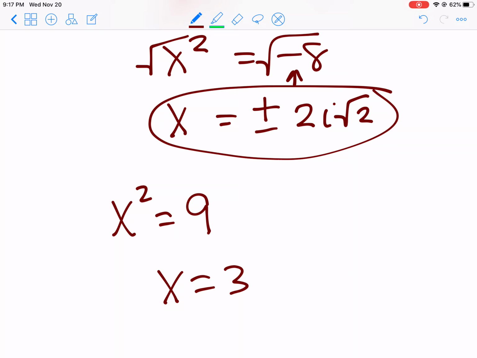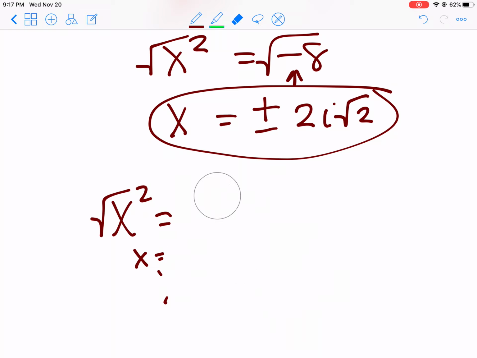But there's a second answer here as well. If x were equal to negative 3, then we would take negative 3 times negative 3, and that would be 9. So we need both answers when we solve this. So what we usually do is take the square root of both sides, we get x alone, and then we just remember that we want the positive and negative root when we're solving these, because we want to find all the possible solutions.